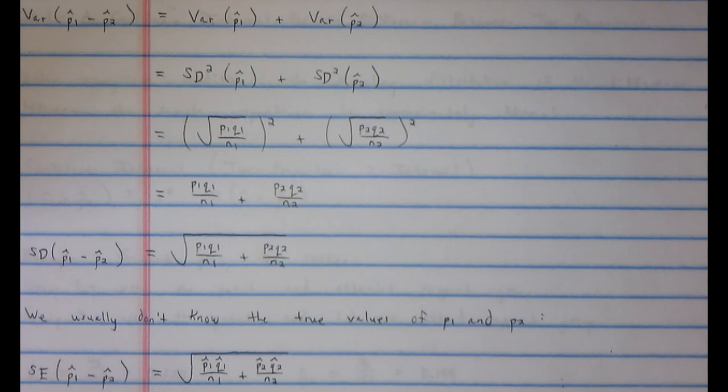We'll call this the standard error of p1 hat minus p2 hat. So I'm just going to replace p1 with p1 hat and q1 with q1 hat. And so the standard error looks like this.